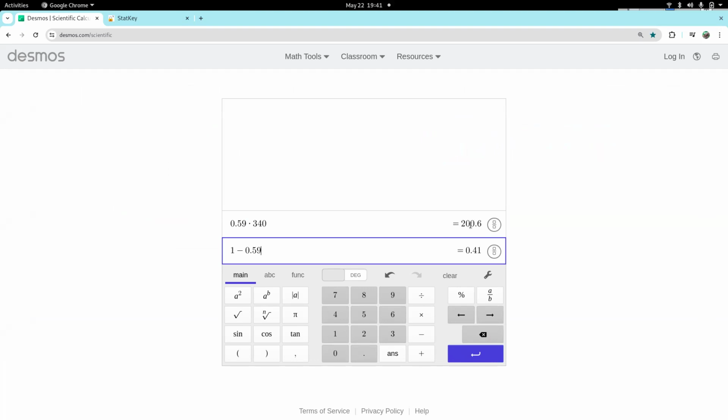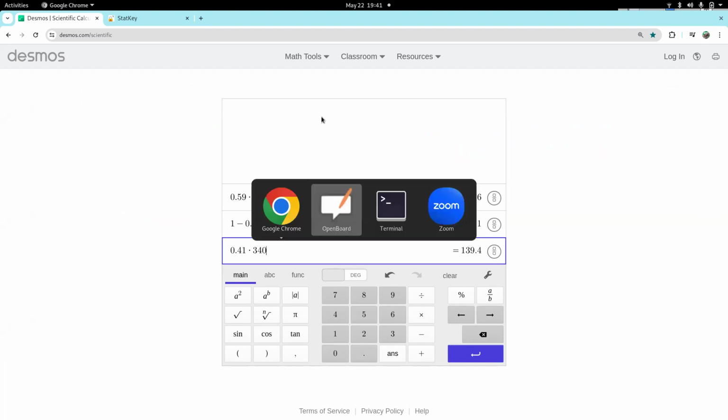I guess it's more like 201, right? 340 minus 201 is definitely greater than 10. We can double check that: 41% of 340, that's the other 139 students. So both the favorable and the unfavorable are greater than 10. So we're good. We can apply the central limit theorem.